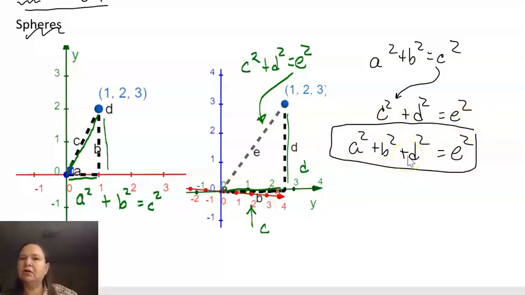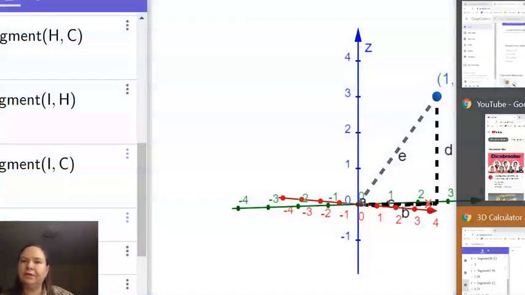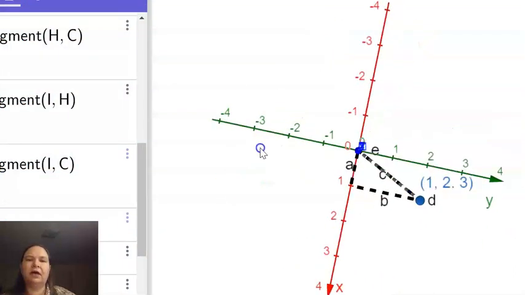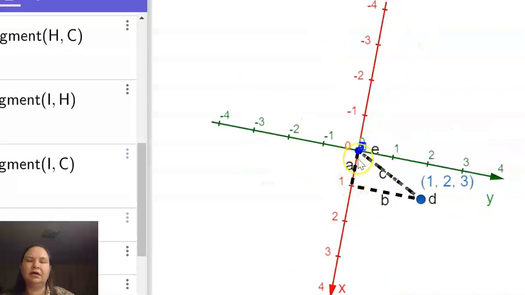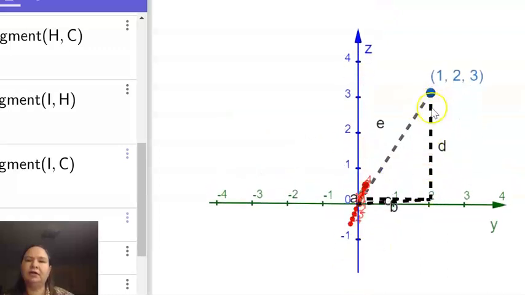And so going back to my 3D picture here, A is the distance out in the x direction. It's 1. B is the length in the y direction, that's 2. And D is the height, this z direction length, 3.